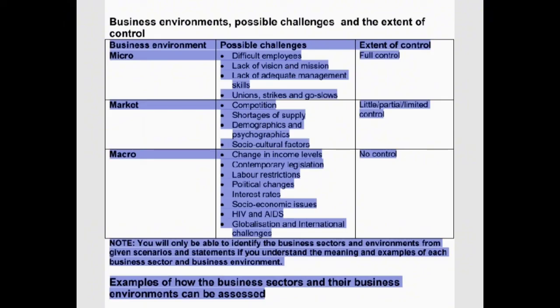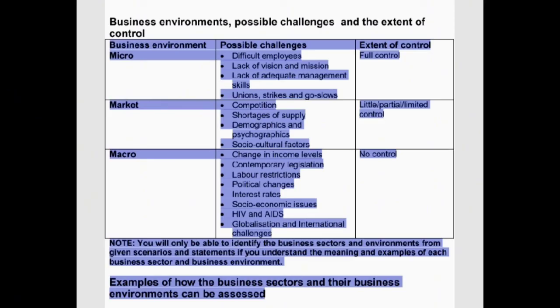How much control does it have? It has full control over difficult employees or employees with a high rate of absence in the workplace, lack of vision and mission, lack of adequate management skills, union strikes, and go-slows. Those are the things that usually happen in the micro environment, within the business, and the business has full control.